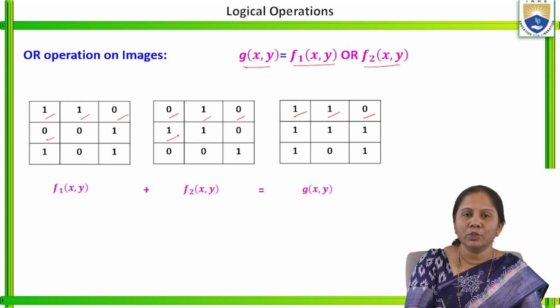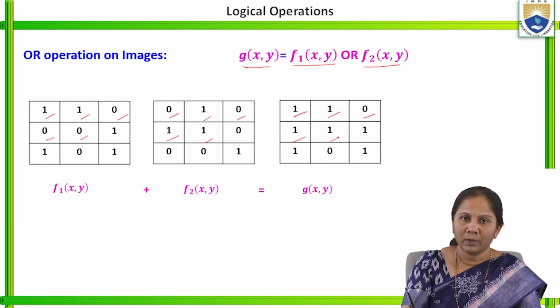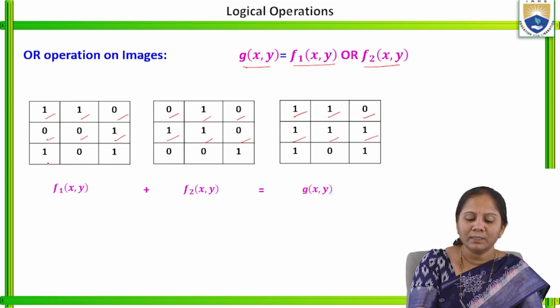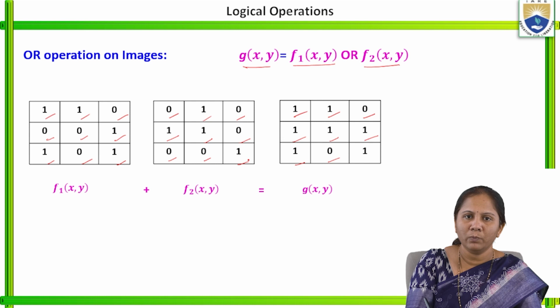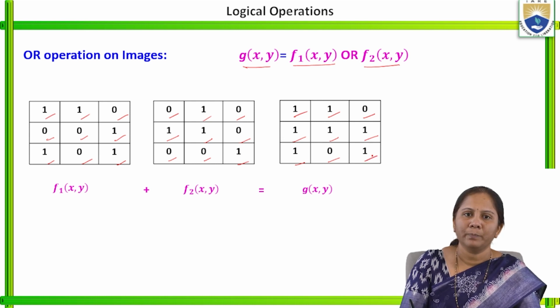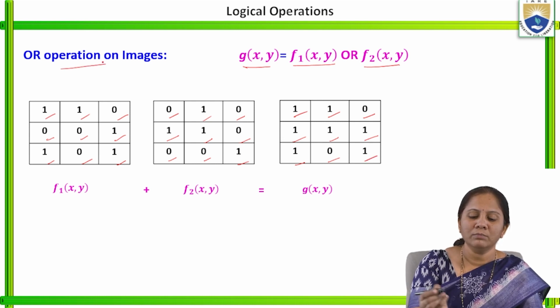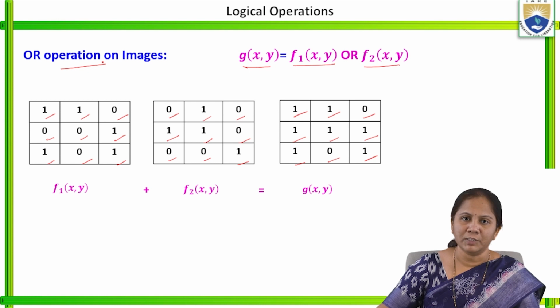Here 0 1, 1 is there, so you will get 1, and 0 1 we will get 1, and 1 0 the result is 1. Then 1 0 is 1, 0 0 is 0, and 1 1 is 1. Like this we have to perform the OR operation between images.